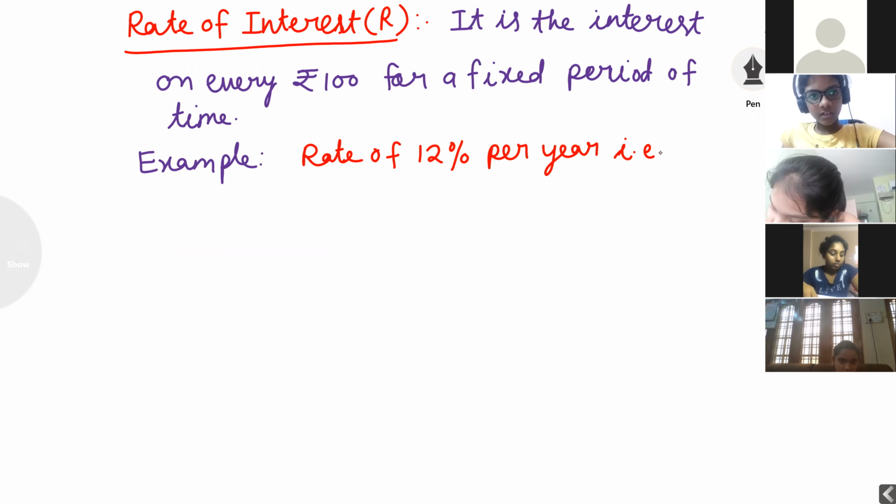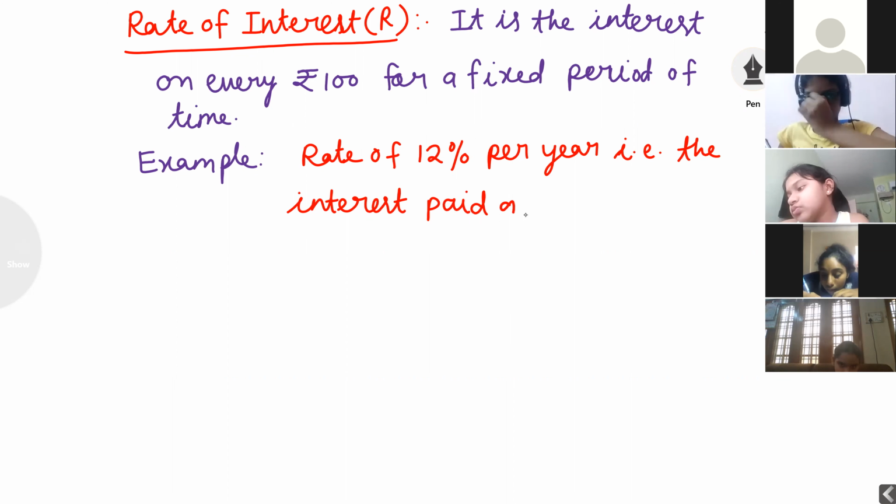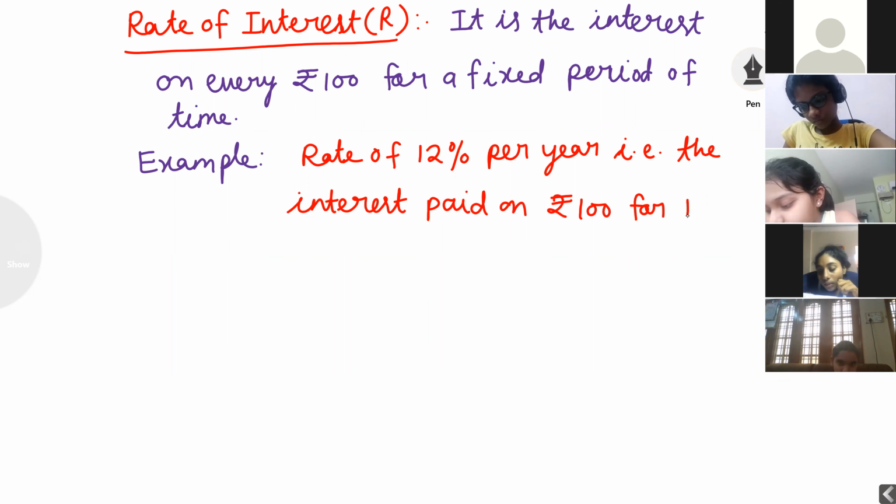The interest paid on 100 rupees for 1 year is rupees 12.